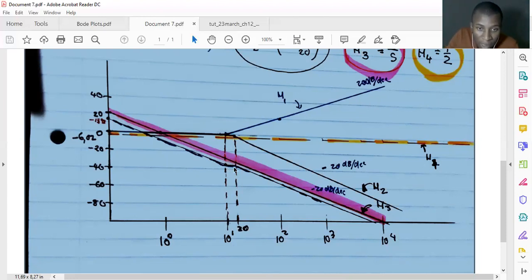So that's why this is a straight line. And then we go to this region. In this region, we have a slope of positive 20, minus 20, and minus 20. So in total, we have a slope of negative 20. So this continues at negative 20. That's why you notice that this is basically parallel to that.